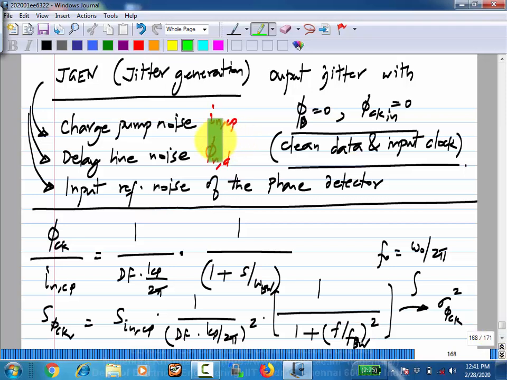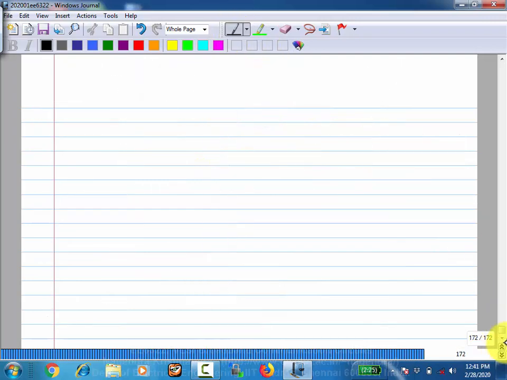Okay, and then you also know from phi ND to the output, what kind of transfer function will you have from the delay line noise to the output? What will it be? It will be high pass, basically.